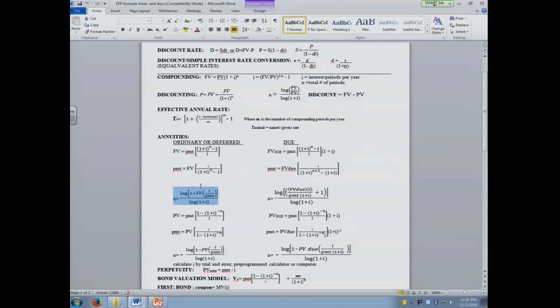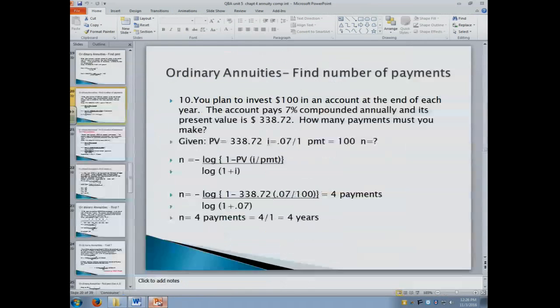There's this formula, but I have to give you future value. I did not. And then there's this formula where I give you the present value. So we picked the formula with present value. I know these formulas are a little difficult to type into PowerPoint, but they are correct. When you type in the given information in your calculator, you'll get 4 payments. n equals 4. You always change that to years. Since it's annual, you divide by 1, and it's 4 years.